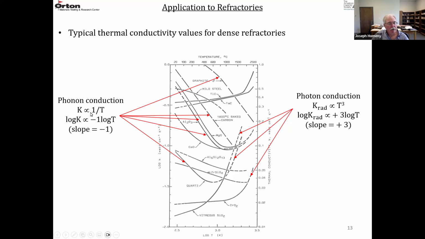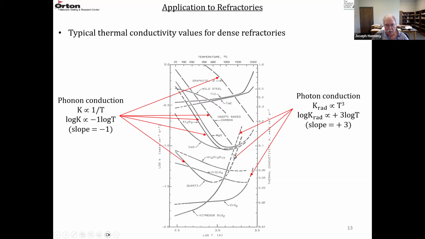And if you take the log of each side of this proportionality, the log of the conductivity is proportional to -1 times the log of temperature. So these should have a slope of -1, and on this plot, they actually do have a slope of -1. So these equations actually work quite well.